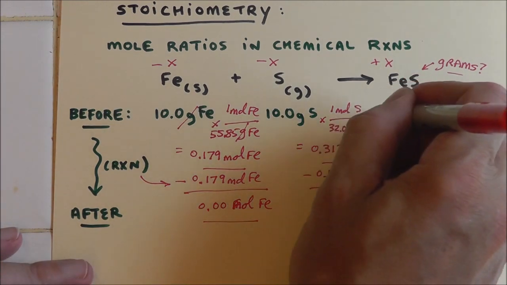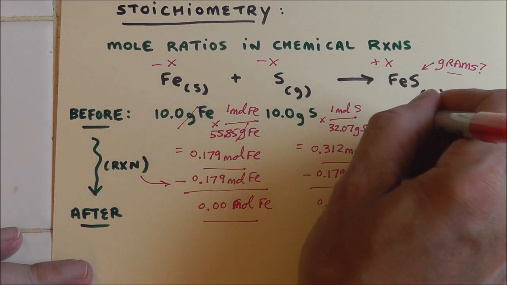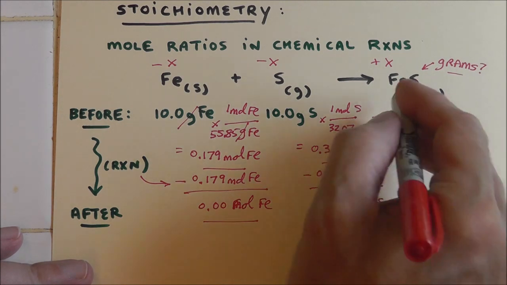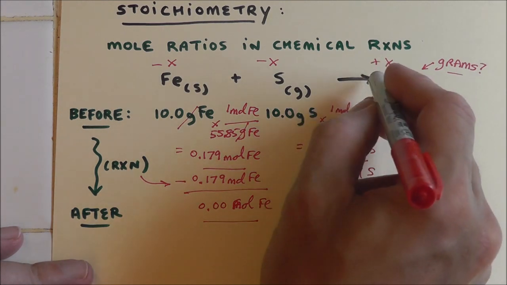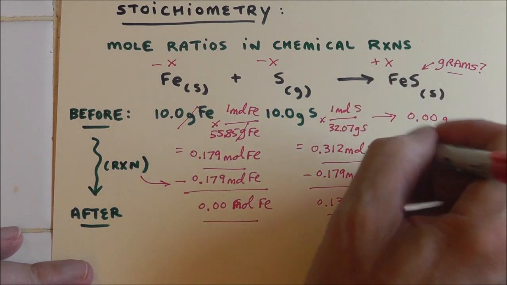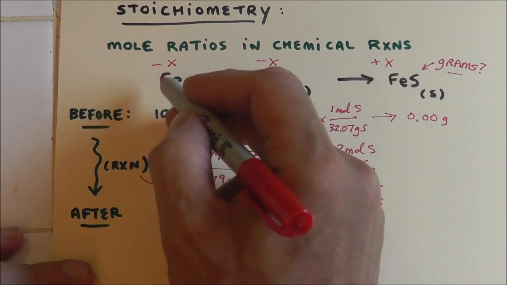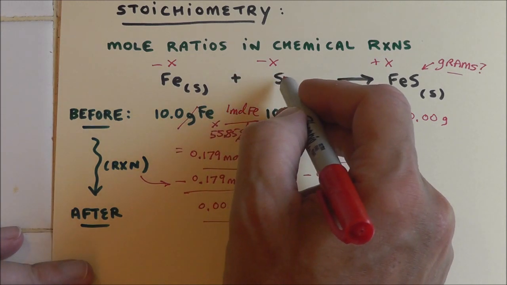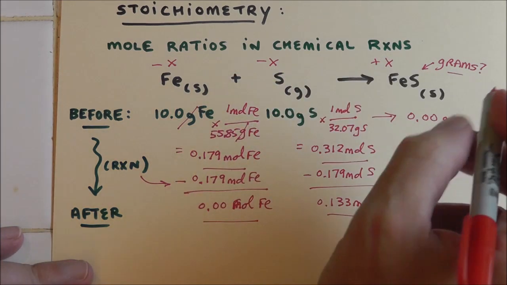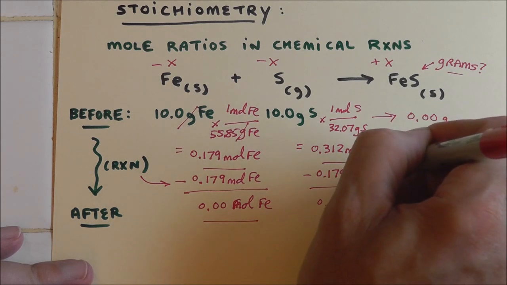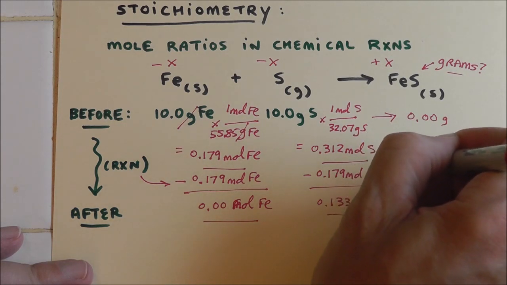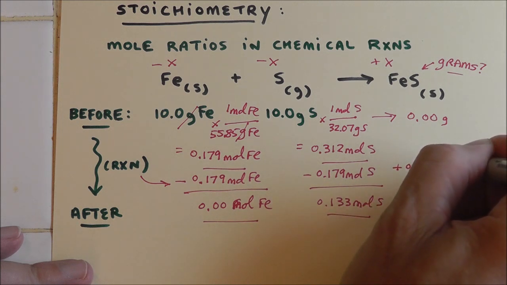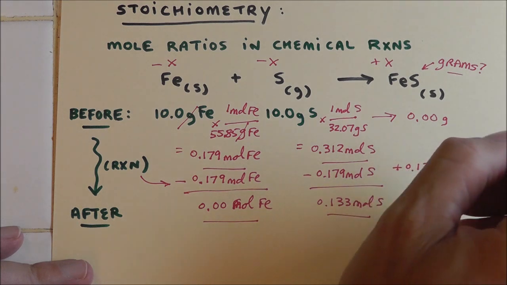And then you would start with 0.0 grams of iron(II) sulfide, but because you would make 1 mole of iron(II) sulfide for every 1 mole of iron that is disappearing, as well as 1 mole of sulfur that disappears as the reaction proceeds, this would be a gain of 0.179 moles of iron(II) sulfide.